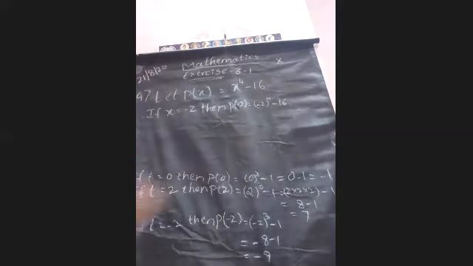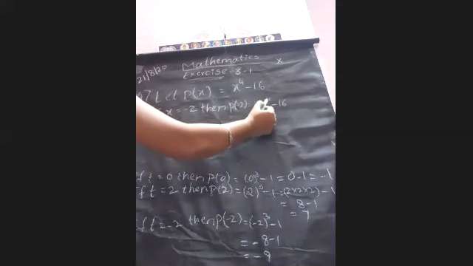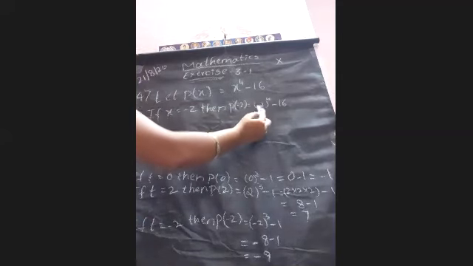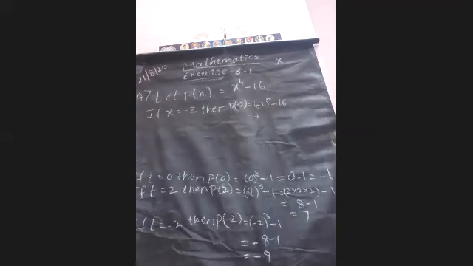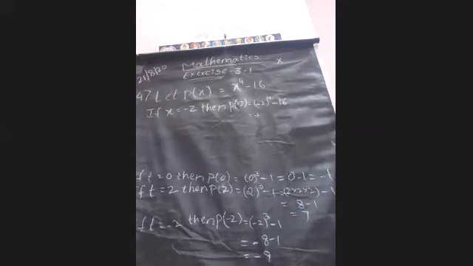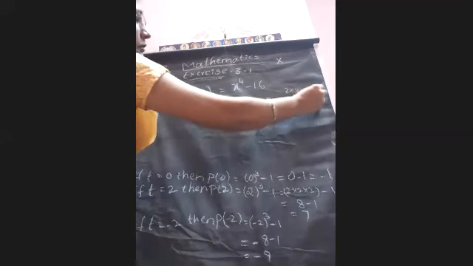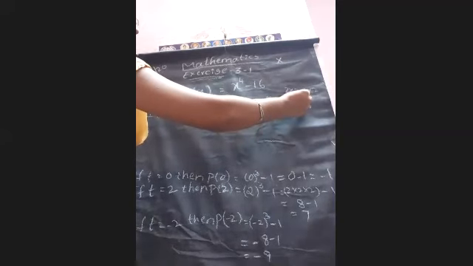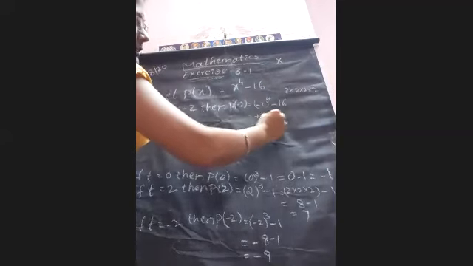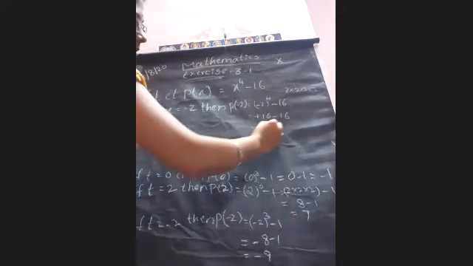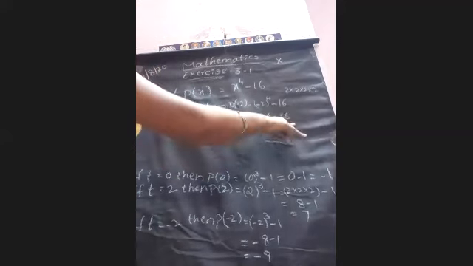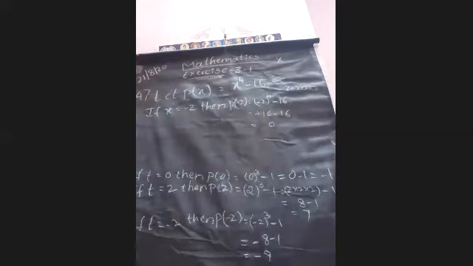See here the power is an even number, so the sign will be plus. 2 power 4 means 2 into 2 into 2 into 2, four times: 2 twos 4, 4 twos 8, 8 twos 16. 16 minus 16 becomes 0.